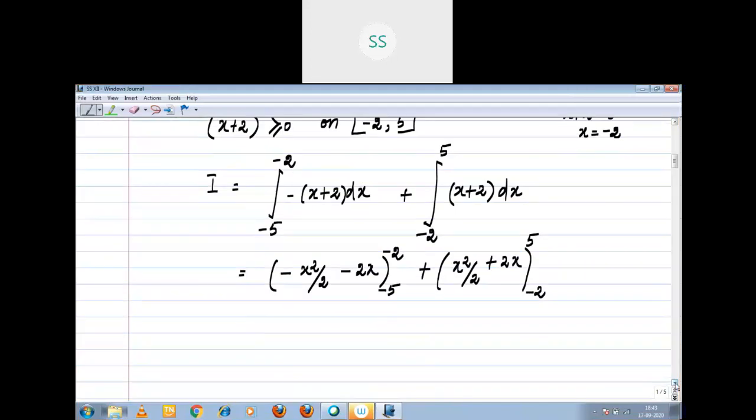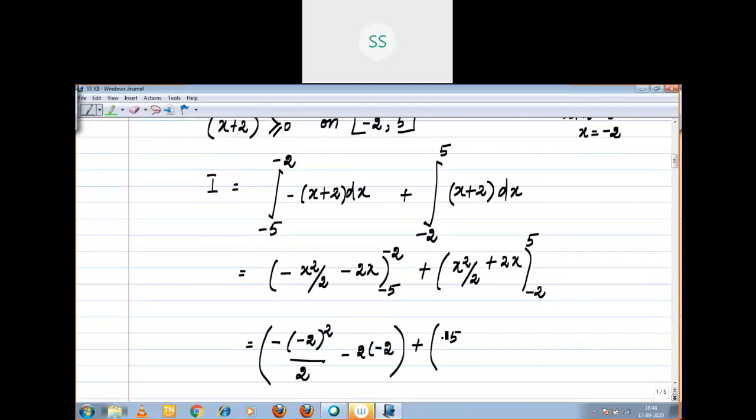Now, we are going to substitute the upper limit as well as the lower limit. First, you have to substitute the upper limit. What do you get? Minus of minus 2 the whole square divided by 2 minus 2 into minus 2. Upper limit is over. Next, lower limit. Upper limit minus lower limit. So everything is negative, so I am going to write it as positive.